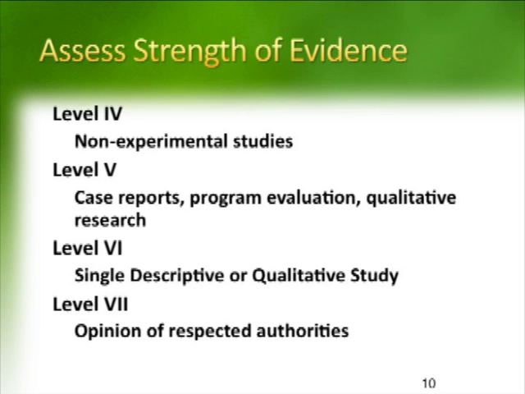Level 4 are non-experimental studies, whereas Level 5 are case reports, program evaluations, and qualitative research. Finally, Level 6 is single descriptive or qualitative studies, whereas Level 7 is just the opinion of respected authorities. You should always use the highest level of evidence that you can find before you initiate and change practice.